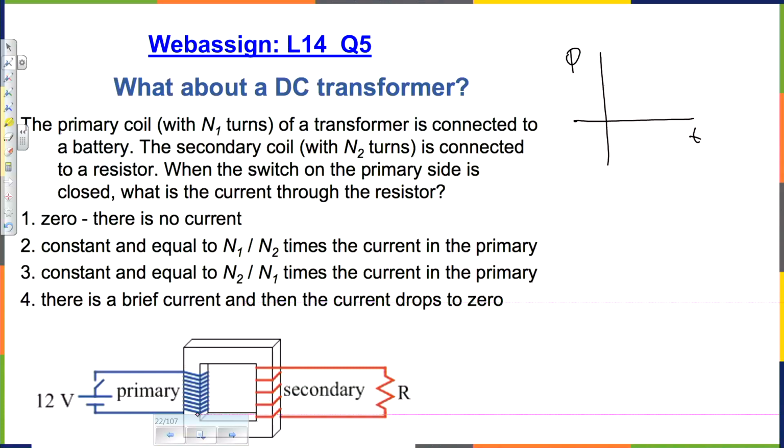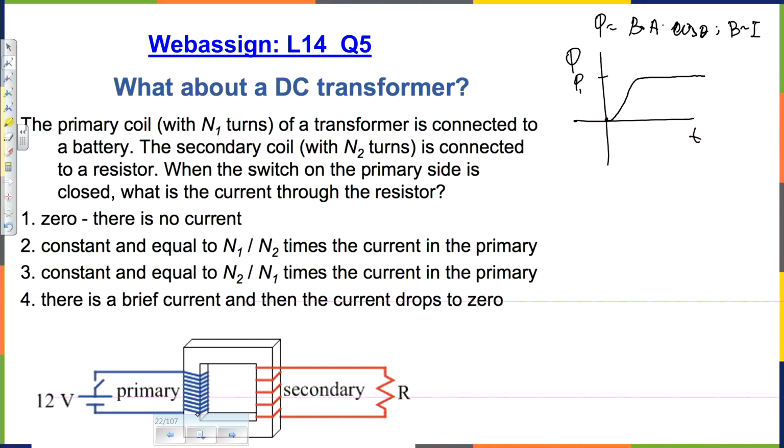The flux, first of all, as we know, is B times A times cosine theta, and we also know that B is proportional to electric current in a solenoid. So we close the switch and the current starts from 0, goes to some maximum value, and so does the flux, and it reaches a certain value, and after that it remains constant. So this is where flux was changing.